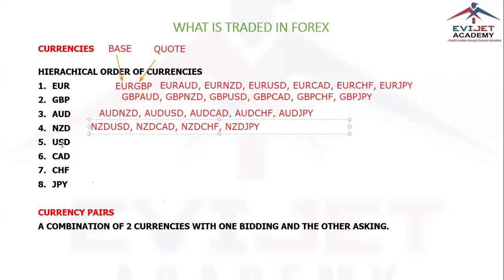So for USD, you have USD CAD, USD CHF, USD JPY. For CAD, you have CAD CHF, CAD JPY. For CHF, you have CHF JPY. While JPY is always the quote currency.